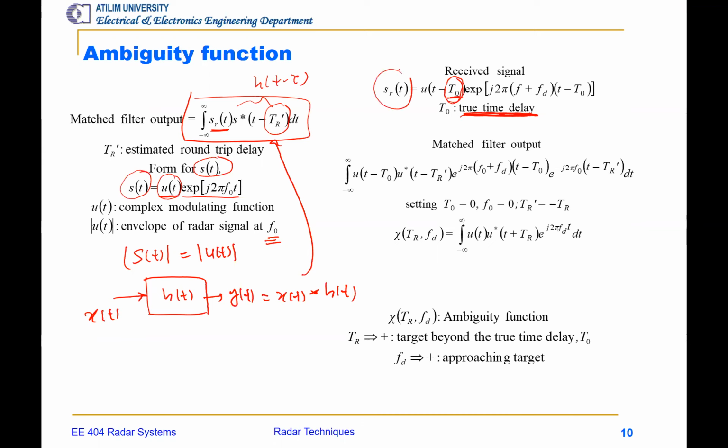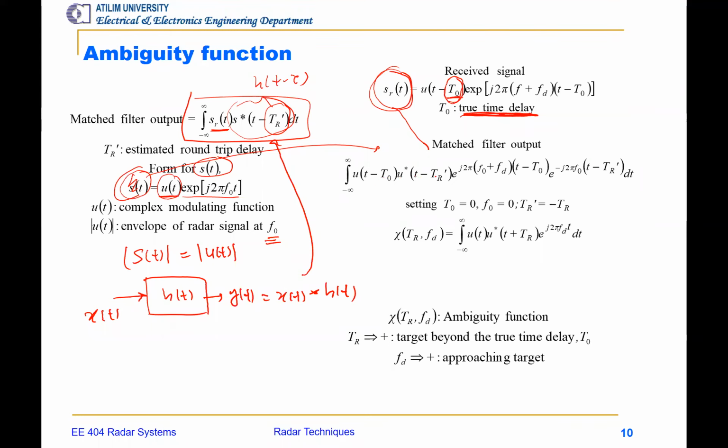So we insert this as R and S here. So we see the signal, sorry, not S prime, s_R(t) and S complex conjugate (t prime, t minus TR prime).